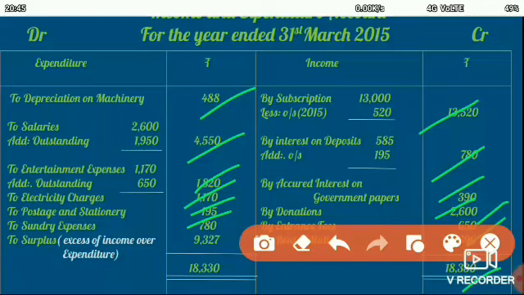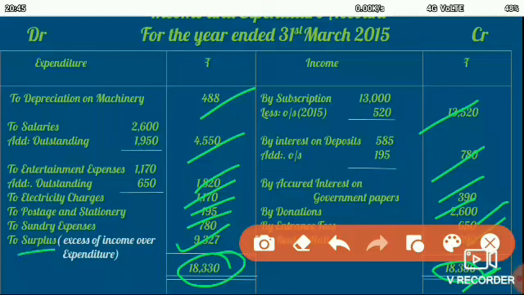So the total of the income is 18,330, and the difference of the income and the expenditure is 9,327, which is an excess of income over expenditure, and this is our surplus.